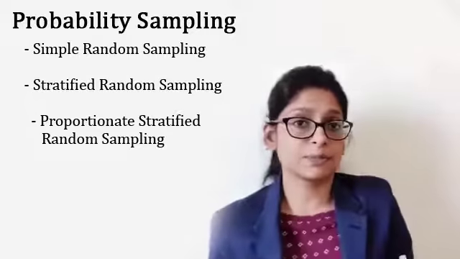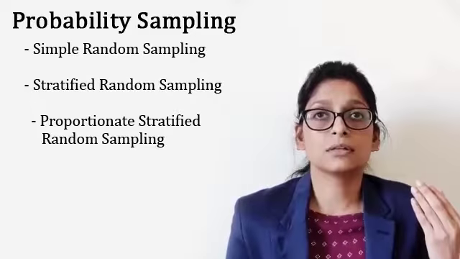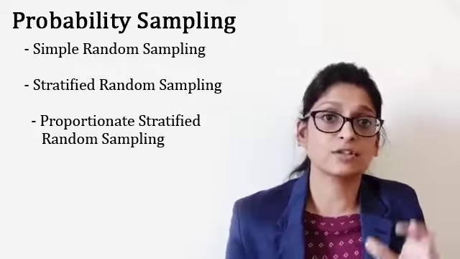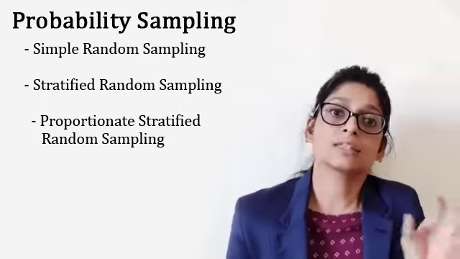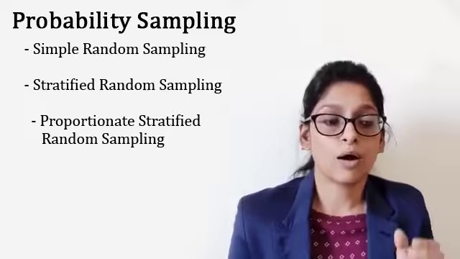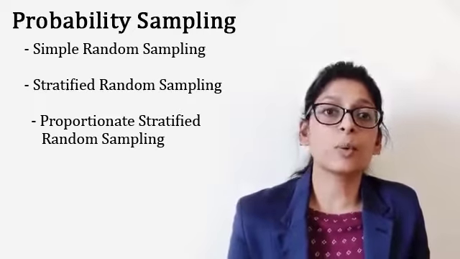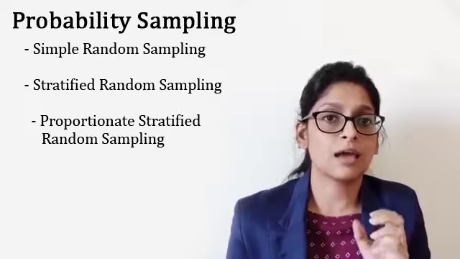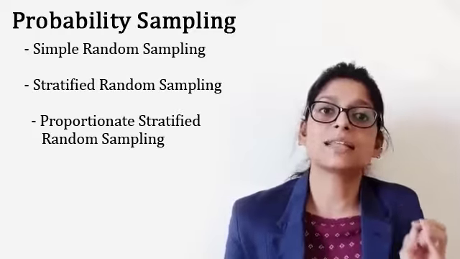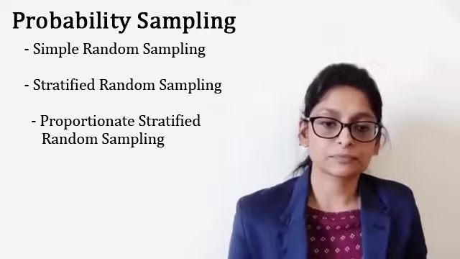Say for example, the population is 20 lakhs. That's the total number of students studying at the primary school level across India. After taking a closer look, we get to know that there are 11 lakh girls and 9 lakh boys.